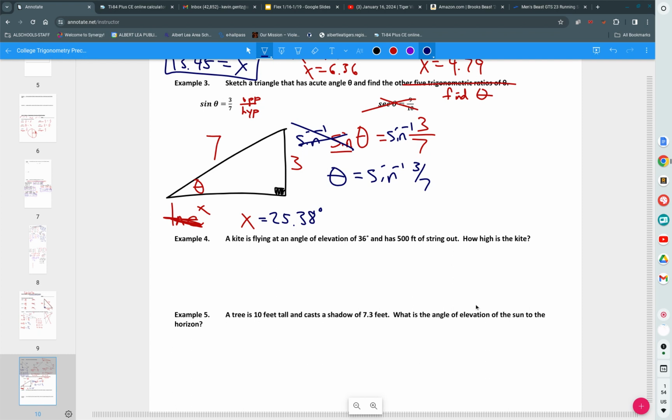Problem 2 and 6 are exactly the same, so sorry about that. So when you're finding theta, it's a degree, correct? Yes.